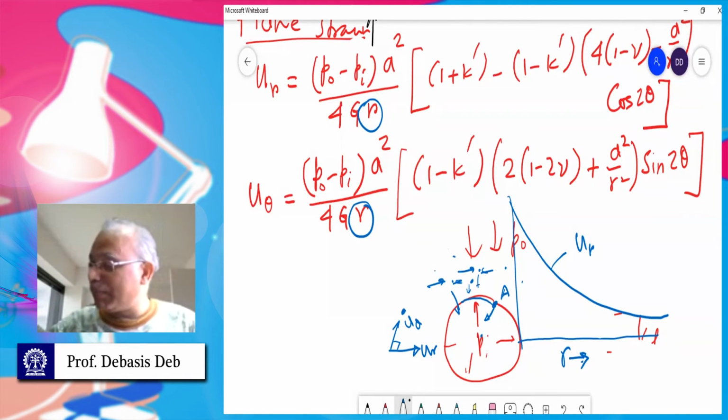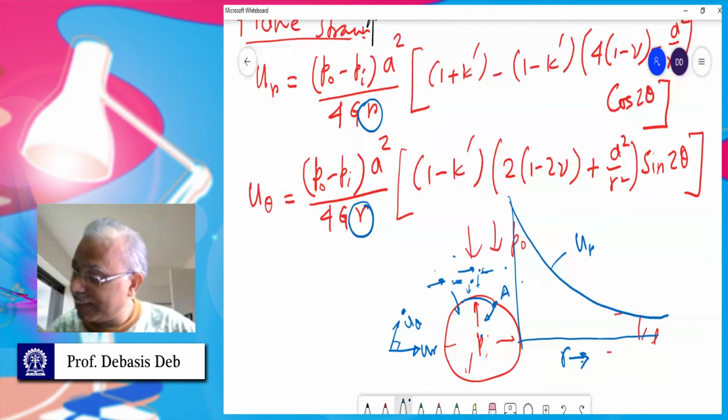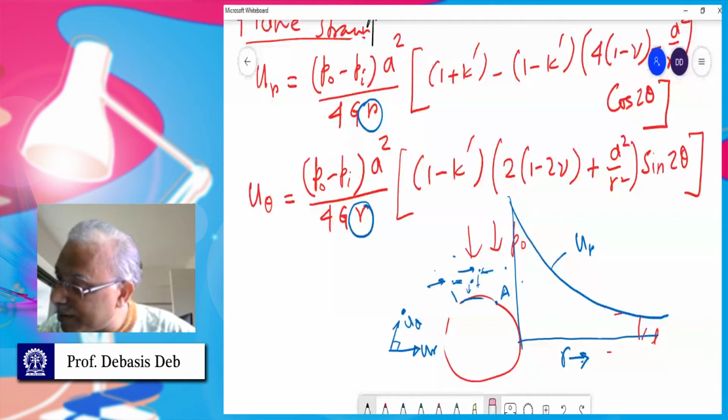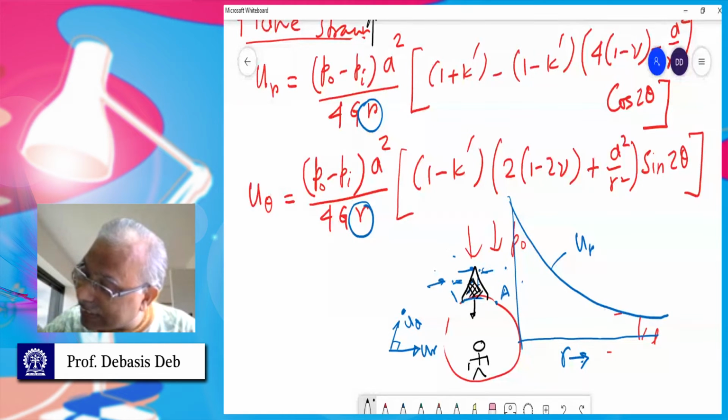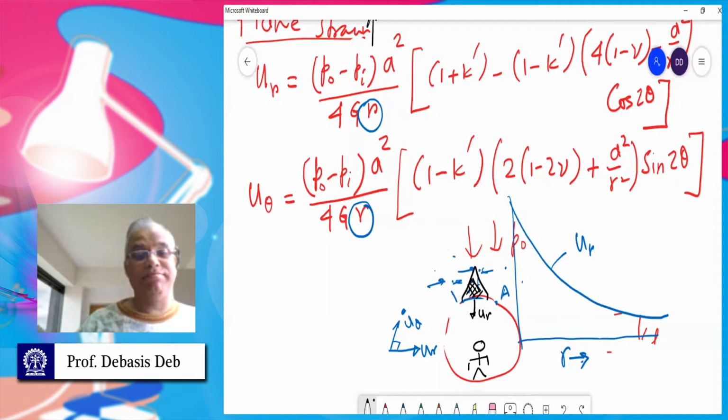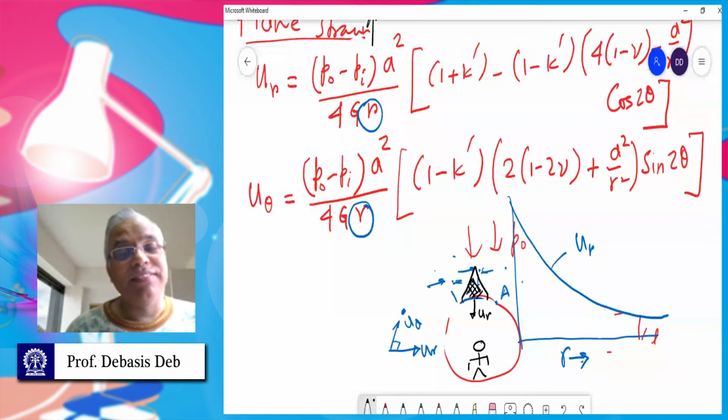Why? Let me tell you, we are so interested there because people are standing over there. If I can draw, let's say somebody is standing here and there is a piece of rock hanging here. You need to know what the displacement UR is.